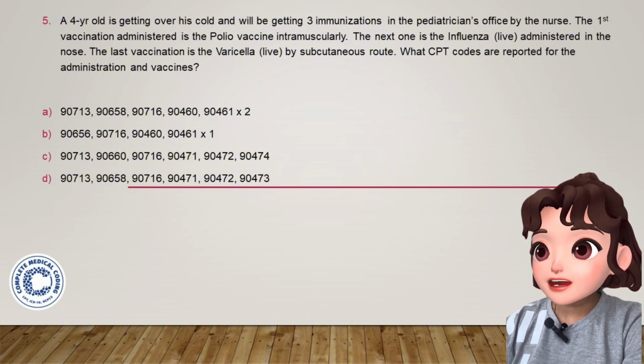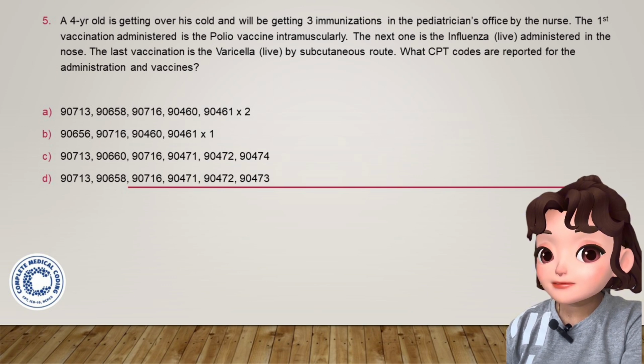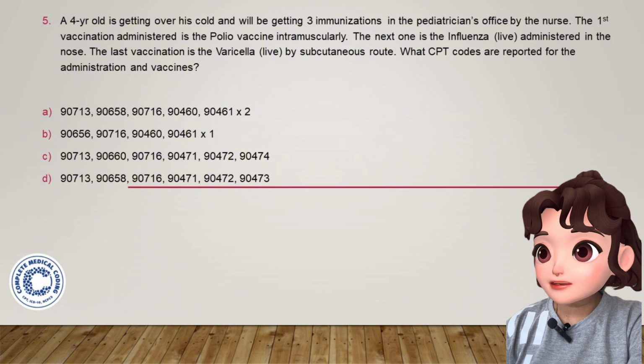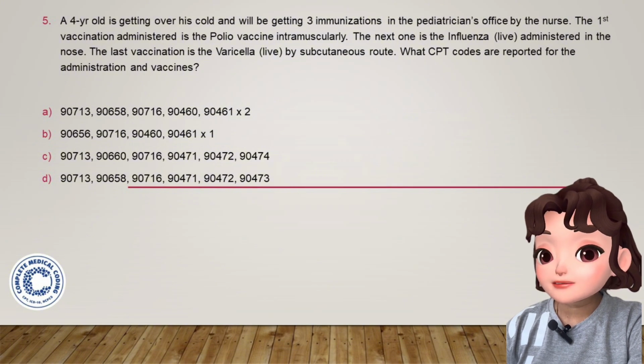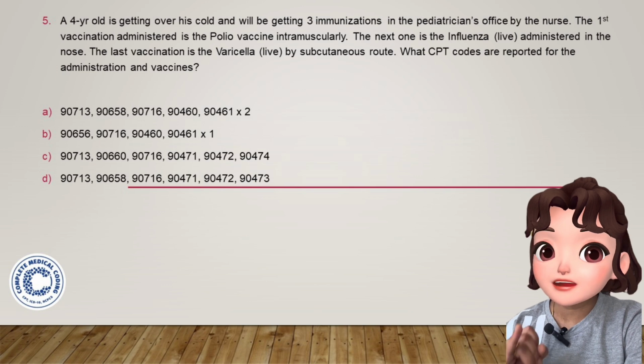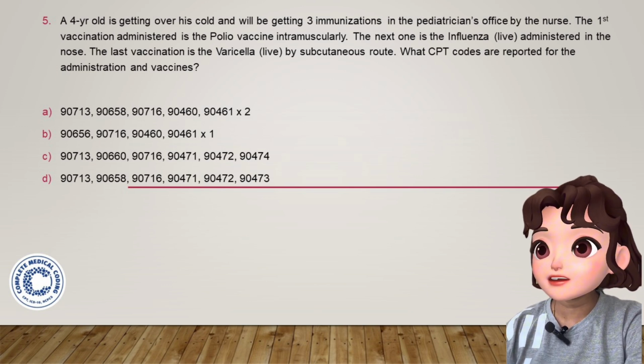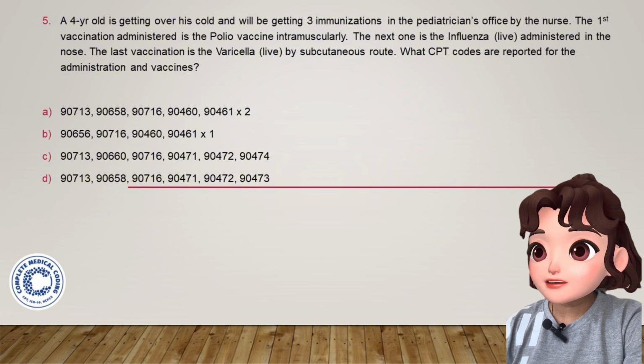What is CPT code 90713? Option A, 90713 represents poliovirus vaccine inactivated. Yes, this is not live poliovirus, it's inactivated for subcutaneous or intramuscular use. Yes, that is there. So the first vaccine is polio vaccine 90713. Now the second one. What is the next code? 90658.